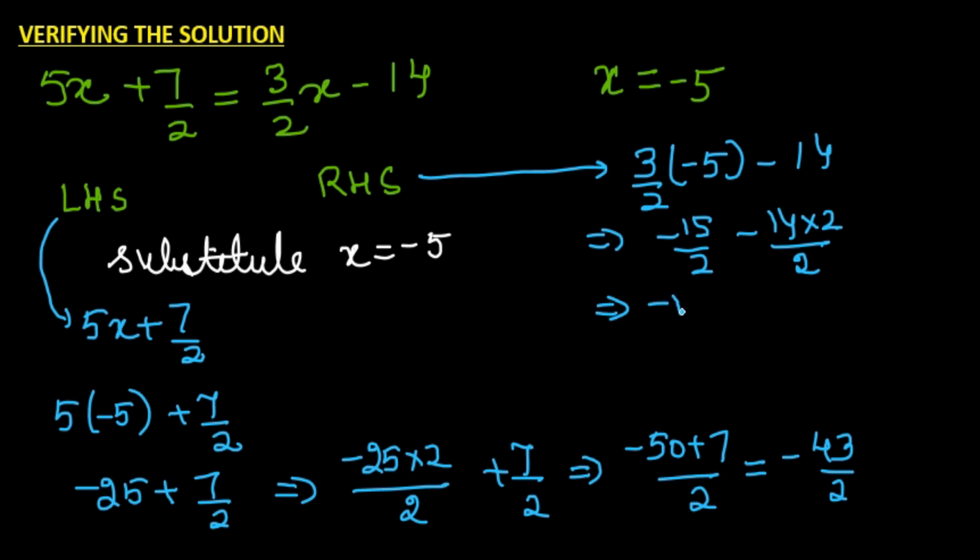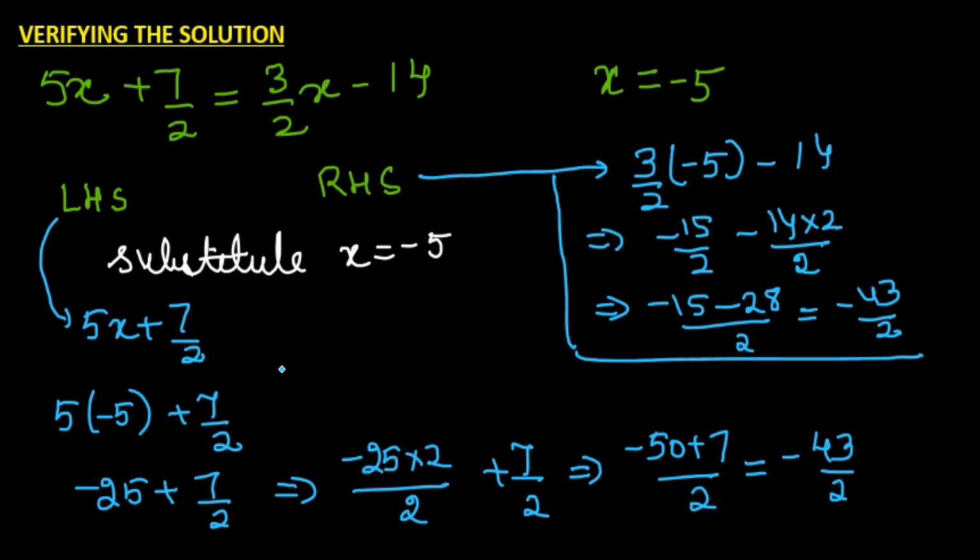So we get negative 15 minus 28 whole upon 2, which gives you negative 43 upon 2. So what do we see? We see that when we substitute x is equal to negative 5, the LHS of the equation becomes equal to the RHS, and hence x is equal to negative 5 is the verified solution.